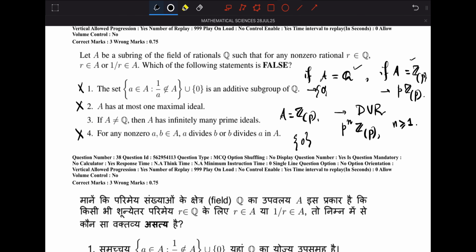Among them, the only prime ideal is pZp. So that means there are only finitely many prime ideals. So this is false. We will take this.